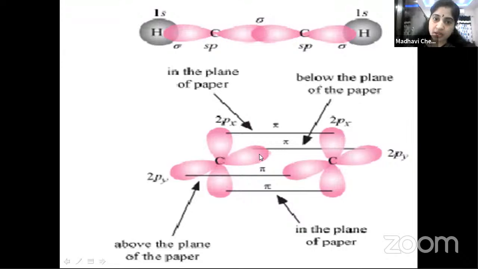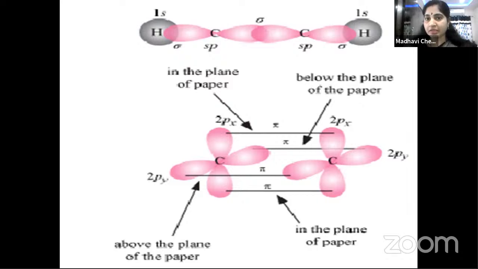This is one unhybridized p orbital, that is 2py, and this is one more unhybridized p orbital, that is 2px. Each carbon has 2 unhybridized p orbitals, and they are perpendicular to the plane. Now how do they overlap? They overlap in a sideways manner. If they overlap in a sideways manner, which type of bond will form? Pi bond. Okay, is it clear, children?